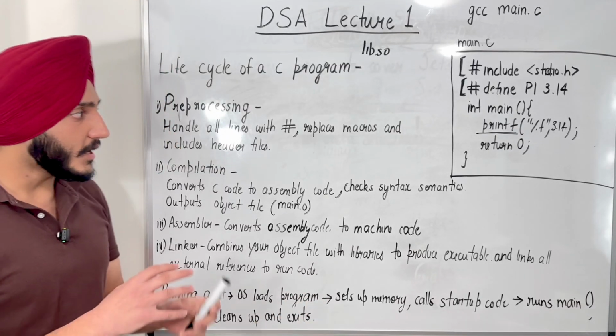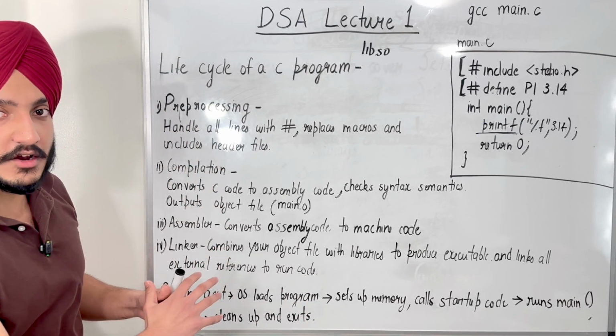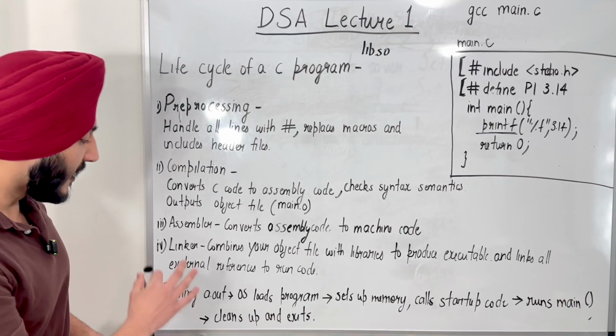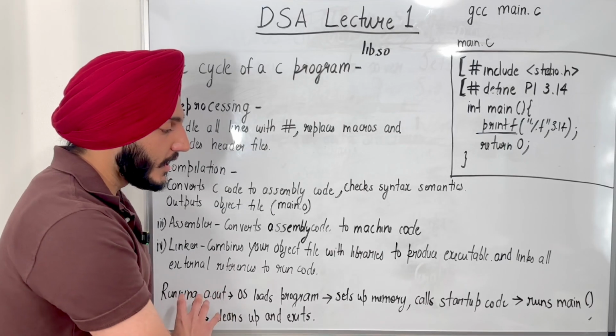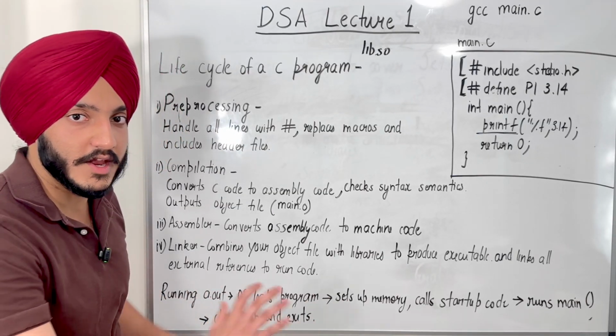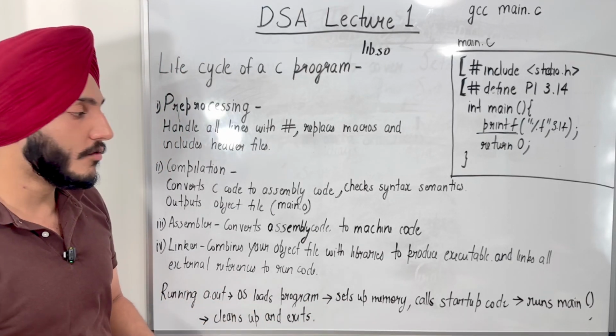So I hope all of this makes sense, the life cycle of a C program. The last thing is running the a.out, right? I've given a very simple, short description of what happens, because we don't really need to go into too much detail.